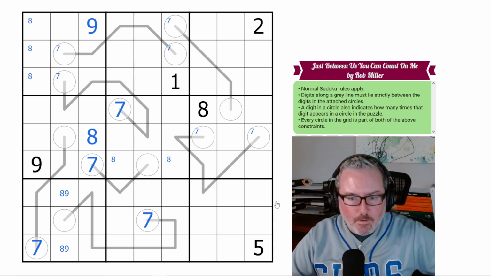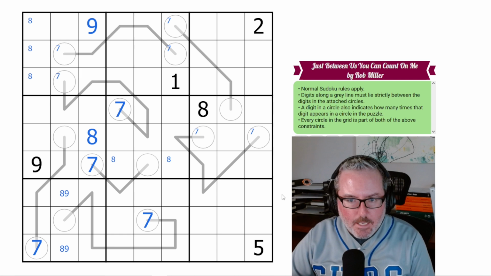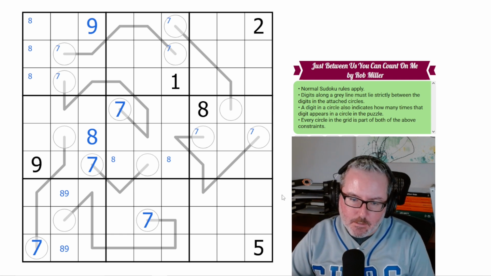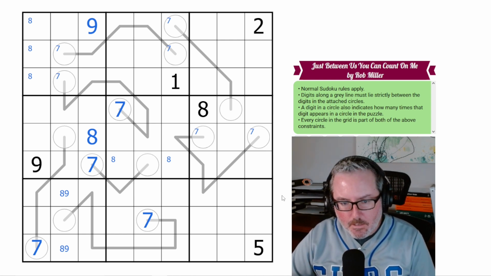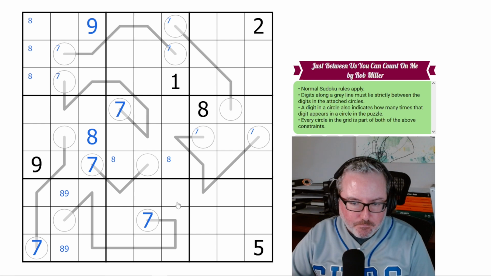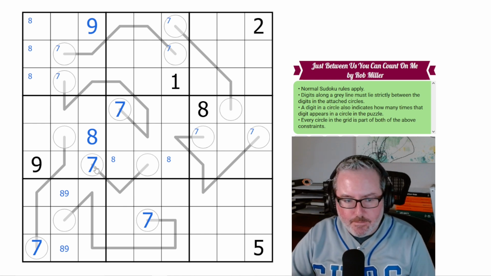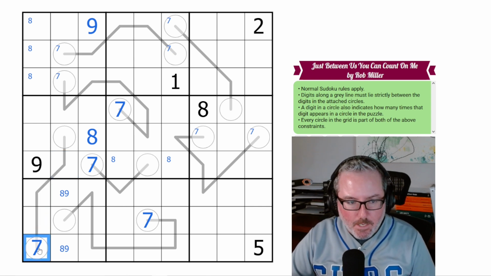Okay, now, can we follow through and say something about a 6? And the answer, I'm thinking, is going to be no here. The reason why I say no is because we do not have the added information that a 6 couldn't go on a line, because we have a 7 on lines.